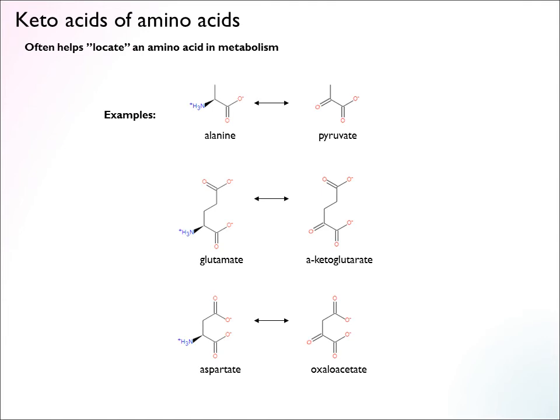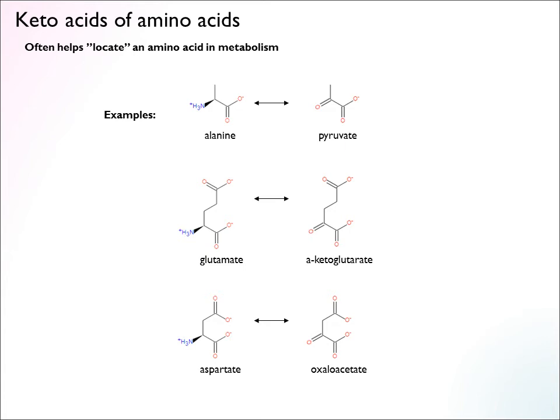So it can be a bit bewildering to look at all these pathways. One helpful pattern is that it often helps to locate an amino acid by looking at its corresponding keto acid. So in some cases there are easy, obvious ways in which an amino acid can feed into central metabolism, because if you just look at its corresponding keto acid, so having the amine group exchanged for a keto group, then you immediately end up with something that you might recognize.